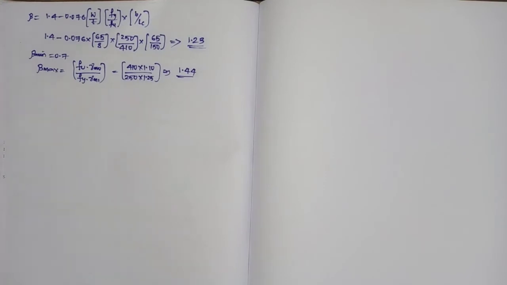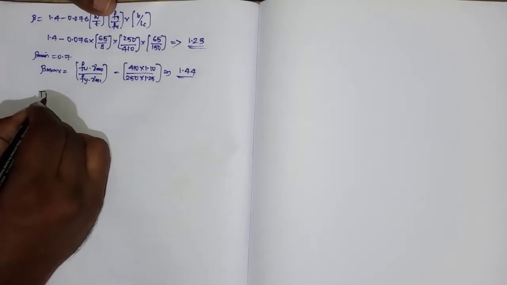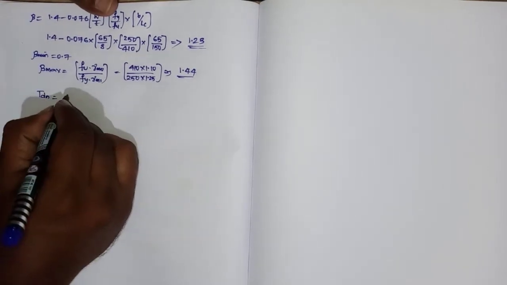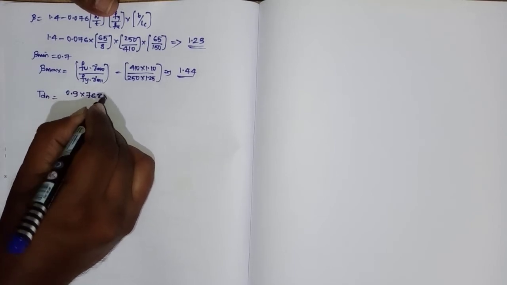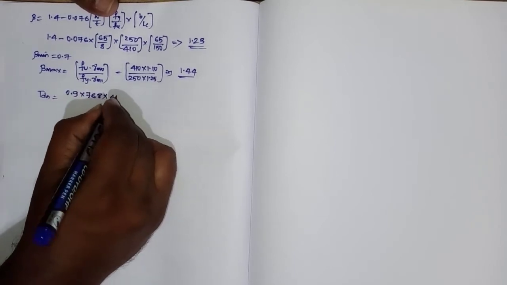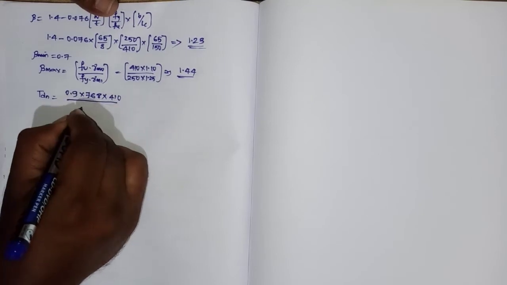Okay, now if I substitute TDN: 0.9 into ANC, you got as 768, okay, and 410 divided by what?